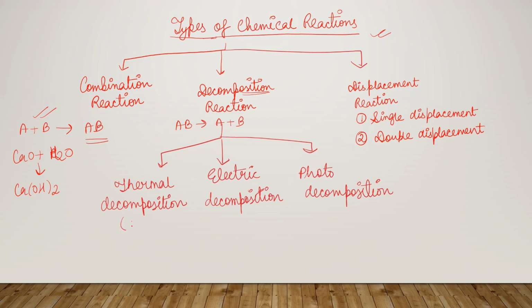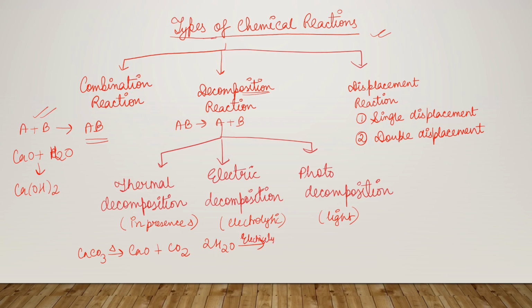Now depending on the mode we can differentiate them into thermal, electric and photodecomposition. Thermal means in presence of heat. Electric means electrolytic, electrolysis or electric current, and photodecomposition means in presence of light. So you can write one example for each of them, like CaCO3 on heating breaks to form CaO plus CO2, example of thermal decomposition.